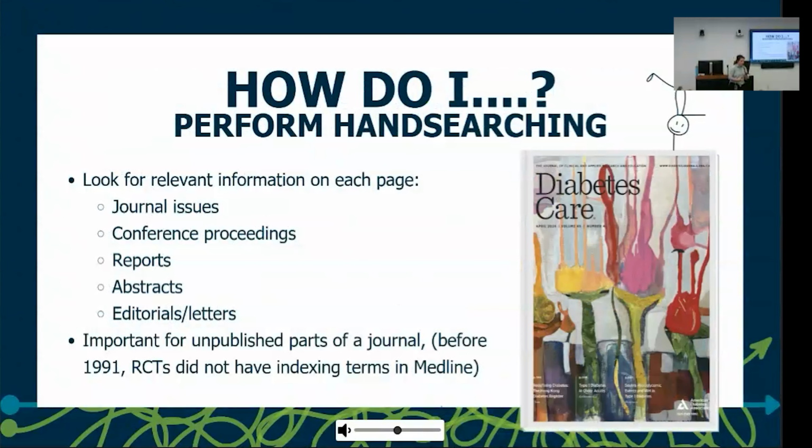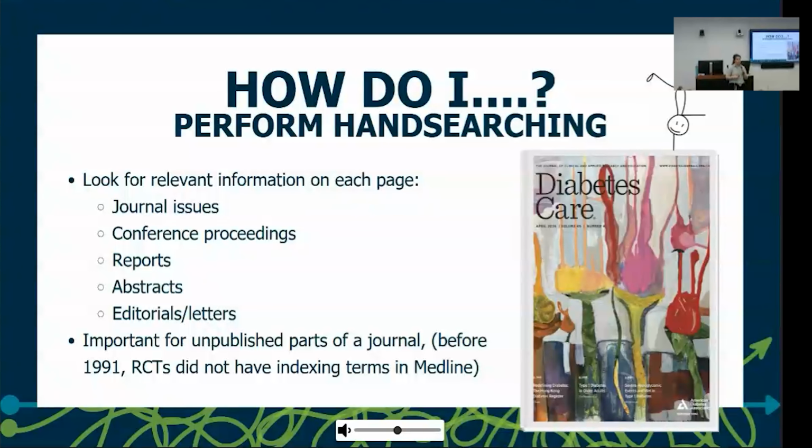Then you want to do something outside of what you've already been doing called hand searching. Hand searching is essentially where you take a journal. So say you're wanting to do something on yoga interventions, and there's a journal called Yoga that may or may not be indexed somewhere. Hand searching is, again, going from the front to the back of the journal and looking through it to see whether or not it has the information that you need.